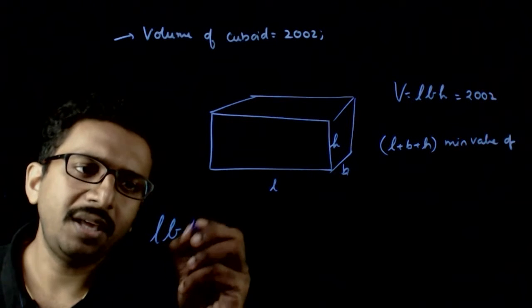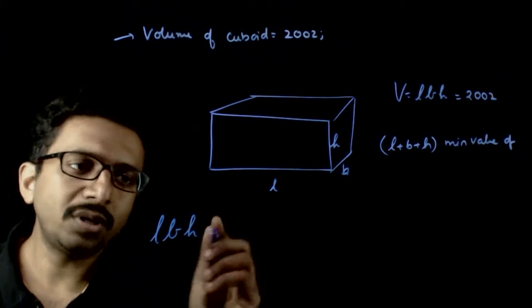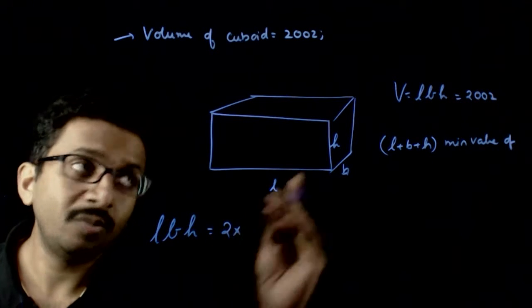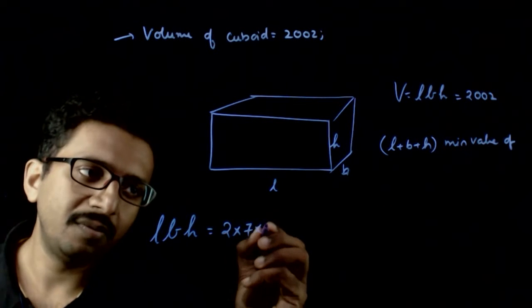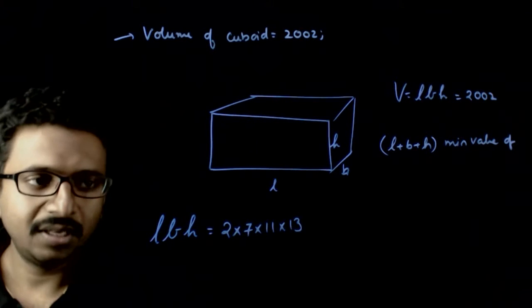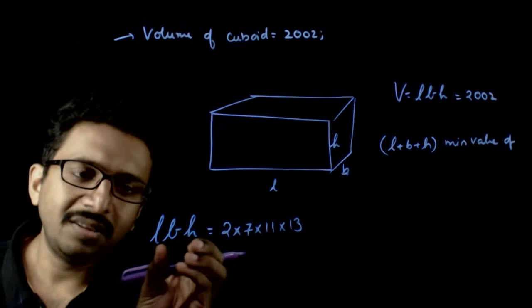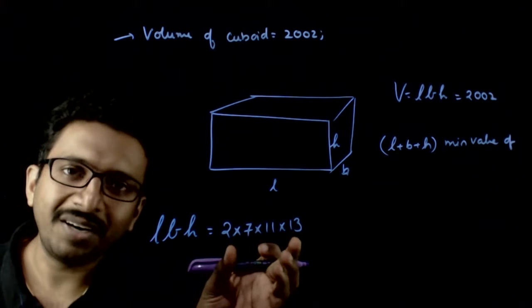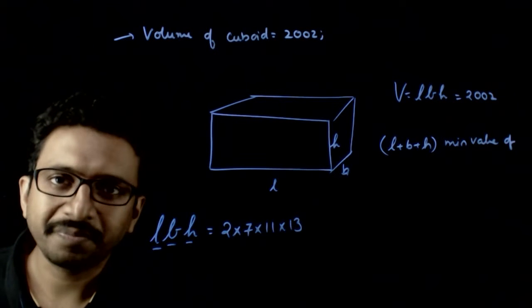So L into B into H, the product of three numbers, is equal to 2002, which can be written, if you do the prime factorization, as 2 into 7 into 11 into 13. Now this 2002 can be written as a product of three numbers in many different ways.